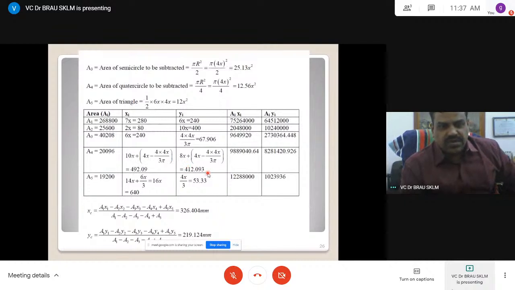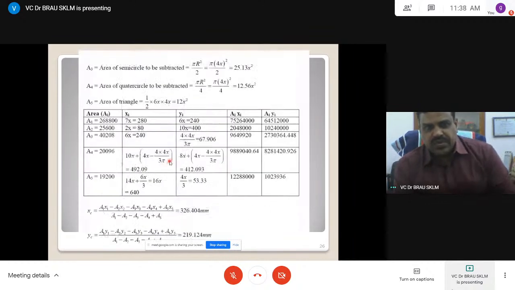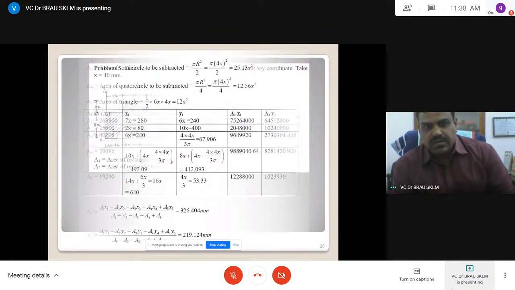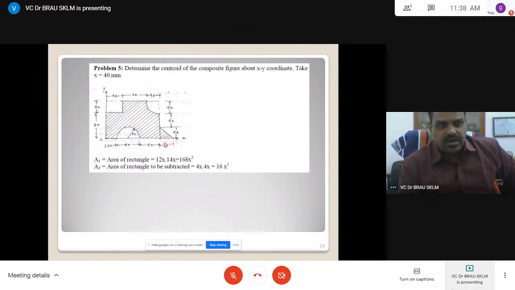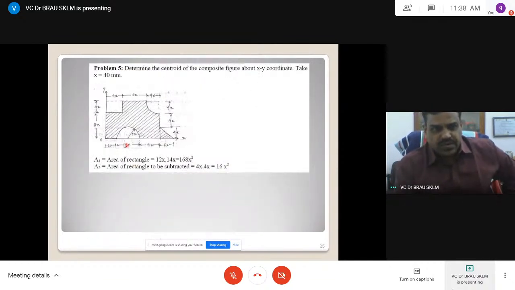Okay. Then the A5 is area of triangle. This is the triangle. Half base into height. H by 14x. From here to here it is 14x plus the base h by 3.